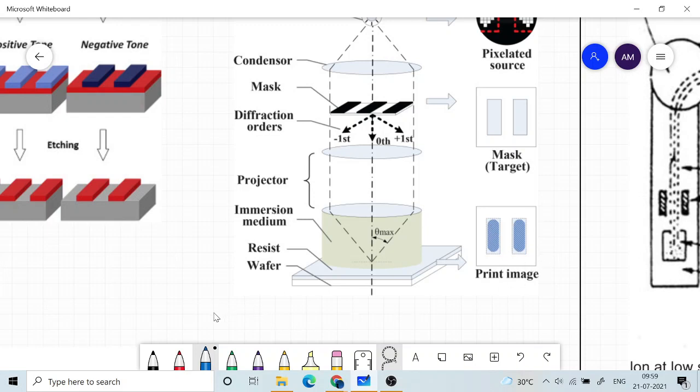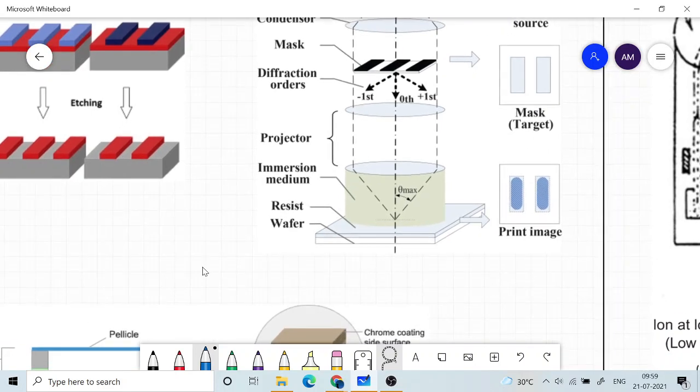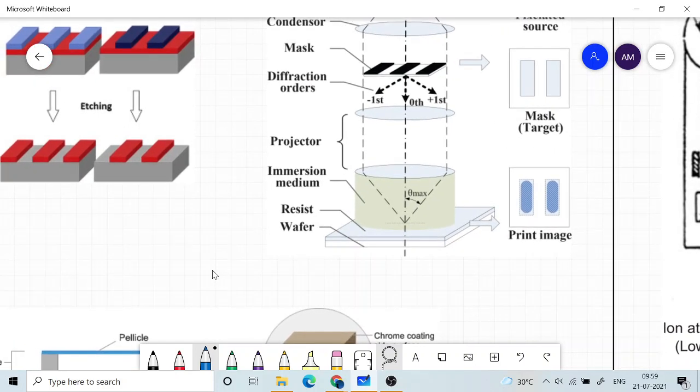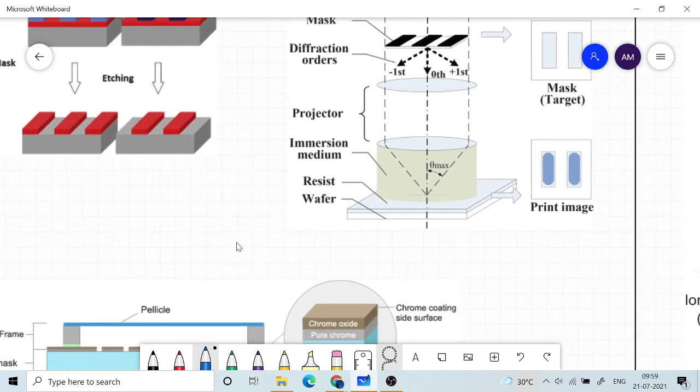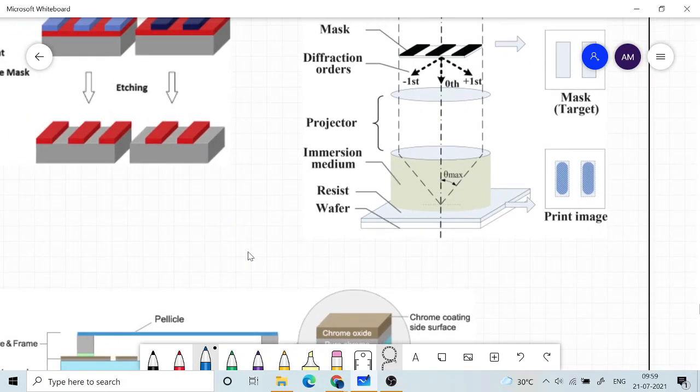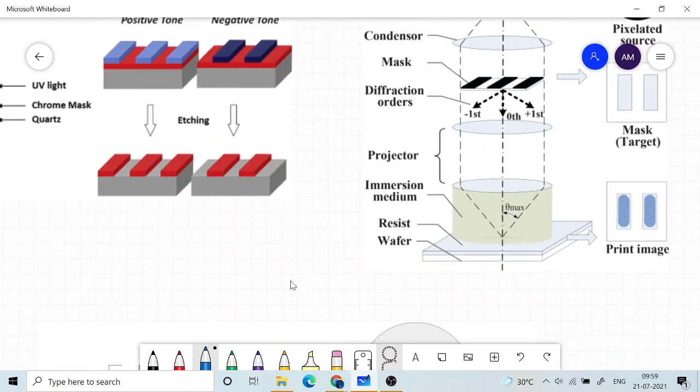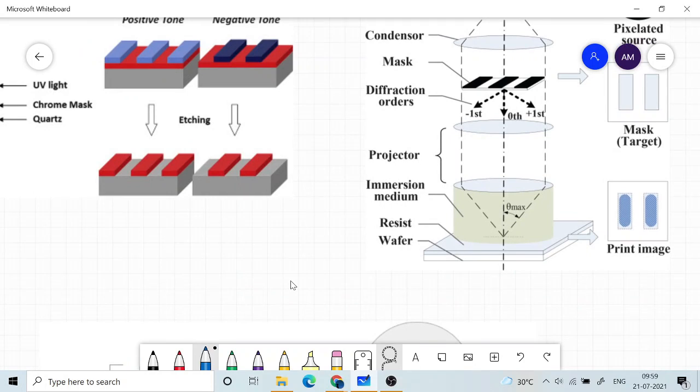So the transferring process should be good enough to make the circuit work properly. There is some amount of tolerance that we need to have, because we can't transfer the exact pattern as it is in the mask.